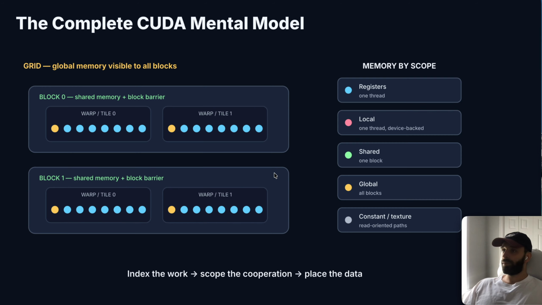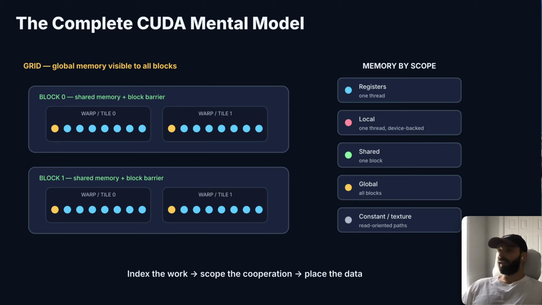So here's just a note, like the complete CUDA mental model. I'm just going to go over the whole thing quickly. A kernel launch creates a grid, a grid contains blocks, and a block contains threads, and the hardware schedules those threads in 32-thread warps.